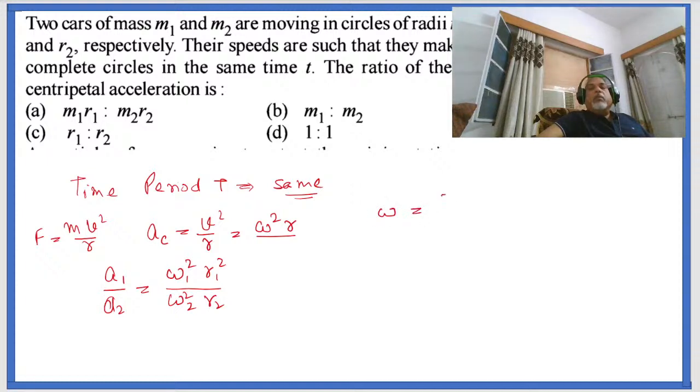Angular velocity is nothing but 2 pi upon T. That means when T is the same, omega 1 is equal to omega 2. That means this will be nothing but r1 upon r2. So you have this, a simple question.